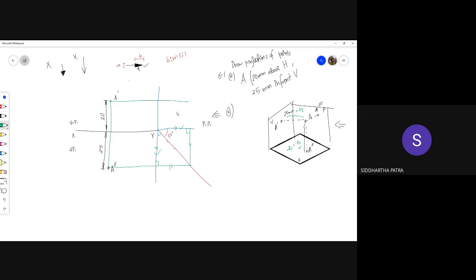Okay, and why we need that? So basically, what is this distance? So this distance is h1, the distance from horizontal axis. Okay, and this distance is h2, the distance from vertical plane. Sorry, the distance from horizontal plane and the distance from vertical plane.